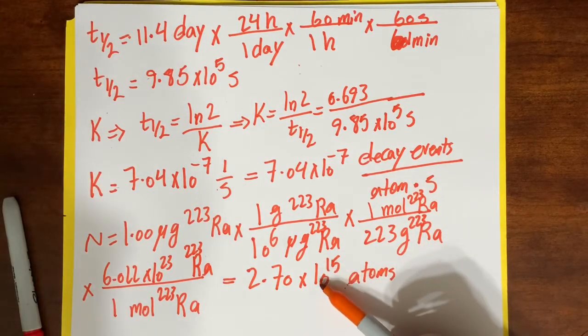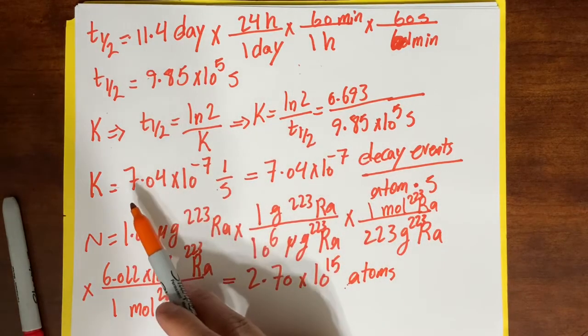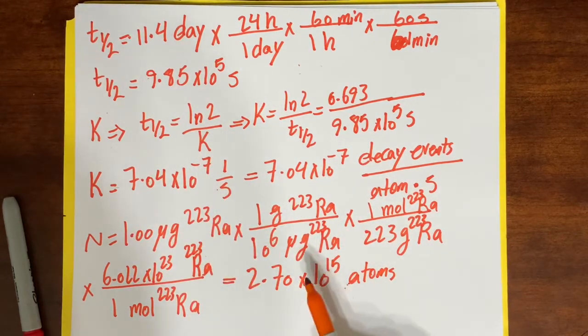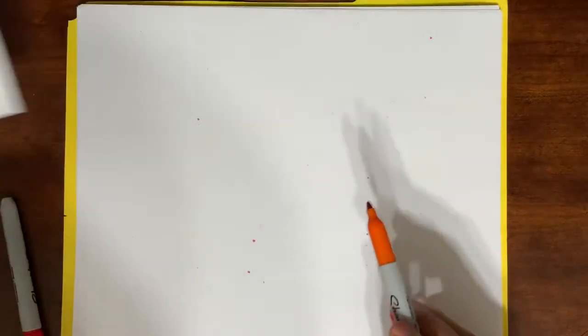We have the number of atoms and we have K. If we multiply K by the number of atoms, we get A, which is the radioactivity.